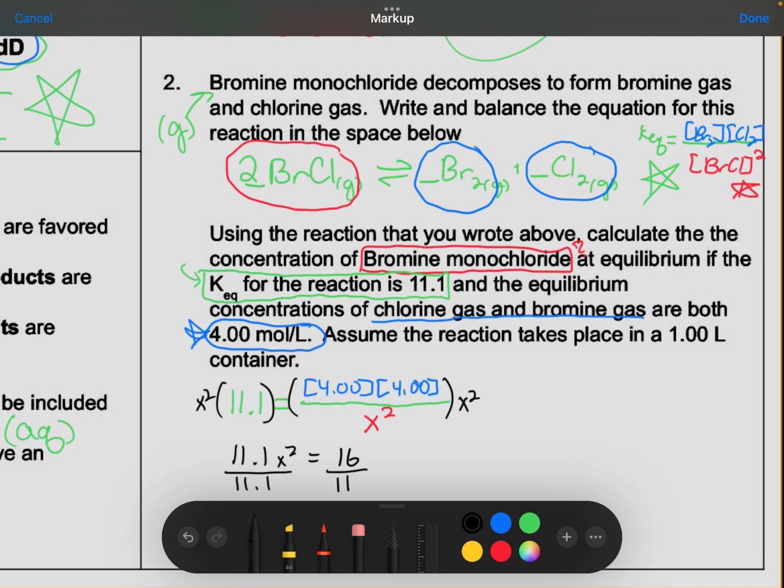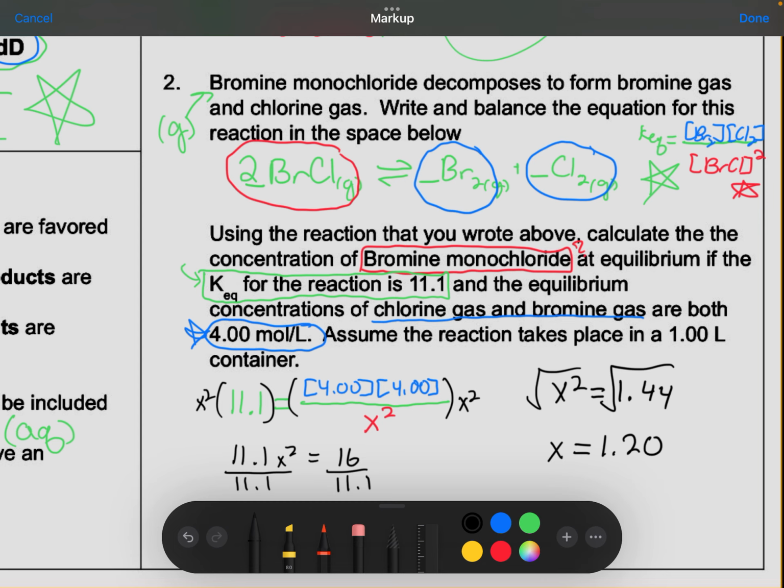Then I am going to get that X squared is equal to 16 divided by 11.1, which is going to give me 1.44. But I'm not done yet. I have to square root that because I have to get X, not X squared. So I'm going to square root both sides, and then I get that X is equal to 1.20.